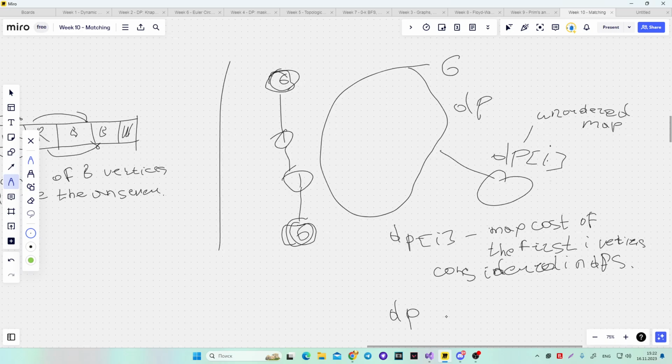How to put it? dp v is the max cost of the first e vertices considered in the DFS that ends in v.